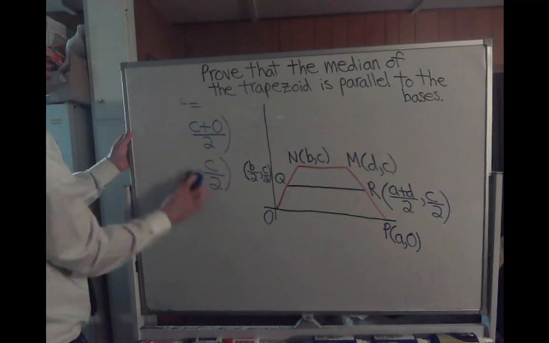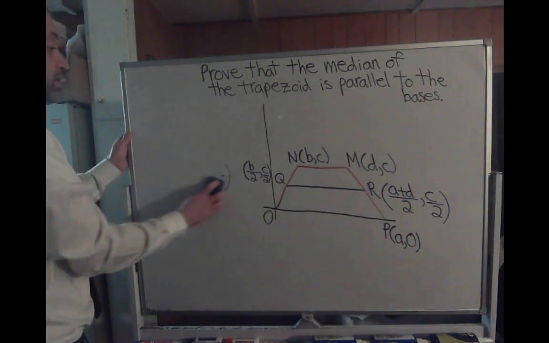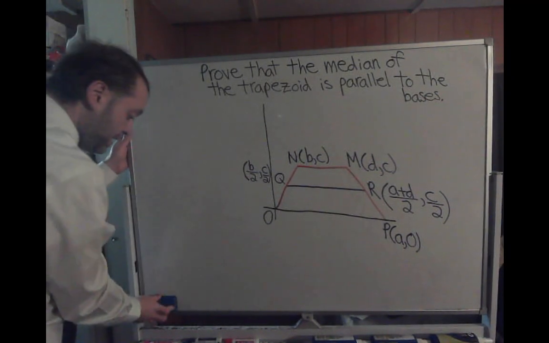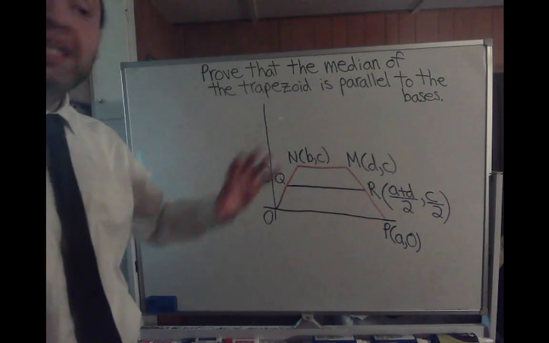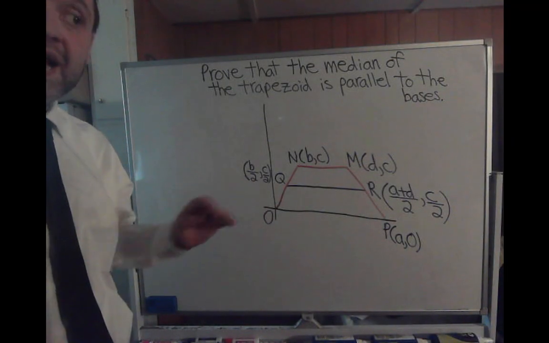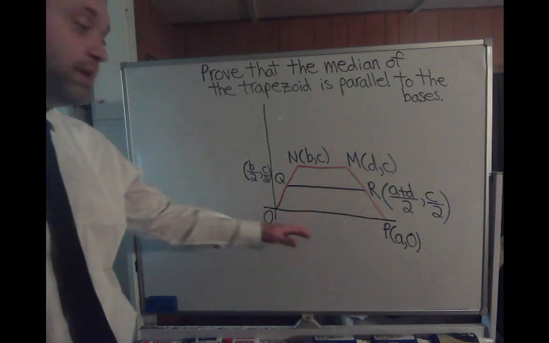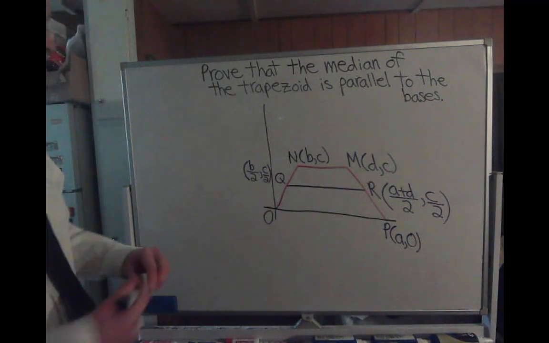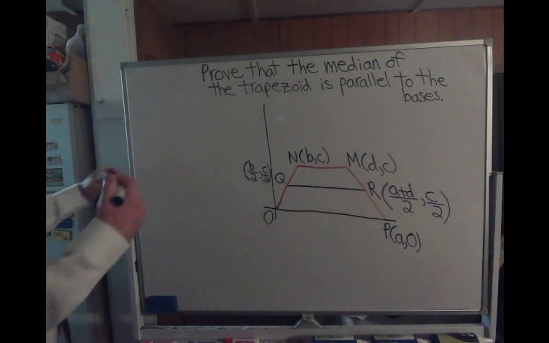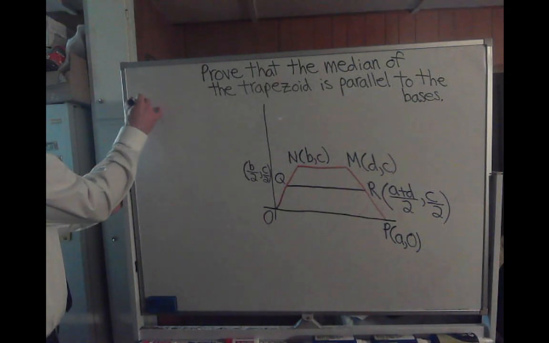Well, we want to prove that the median of the trapezoid is parallel to the bases, right? What does it mean for the lines to be parallel to each other? That all their slopes have to equal each other, right? The slopes have to be equal in order for them to be parallel. So let's go ahead and find the slope of NM. We will find the slope of NM.